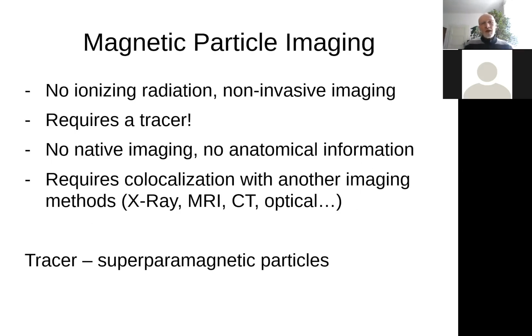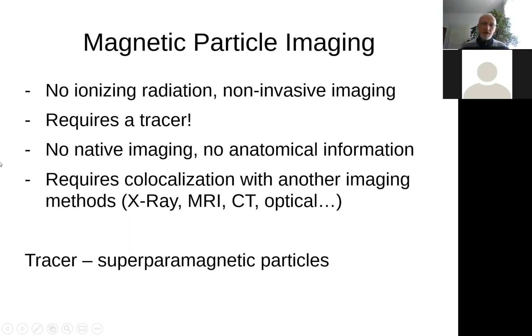So, magnetic particle imaging belongs among non-invasive imaging techniques. It doesn't use ionizing radiation, but it requires a tracer. It provides no native image, so there's no anatomical information in the images.